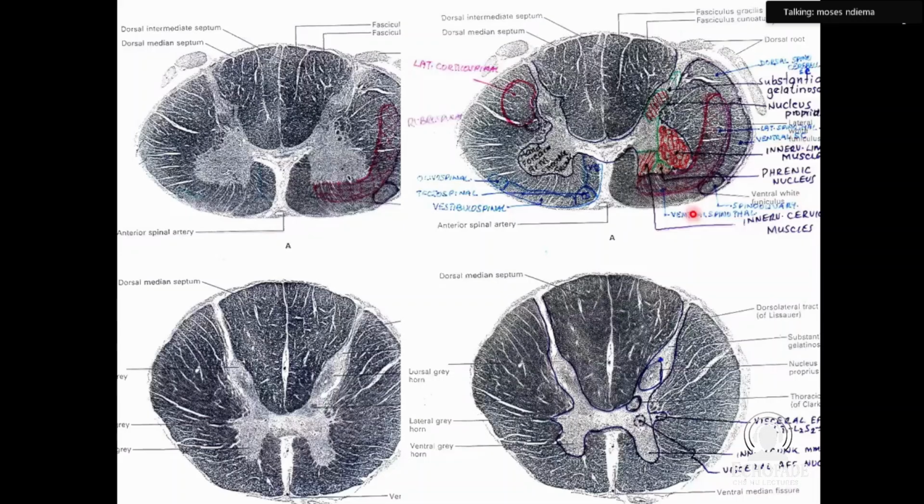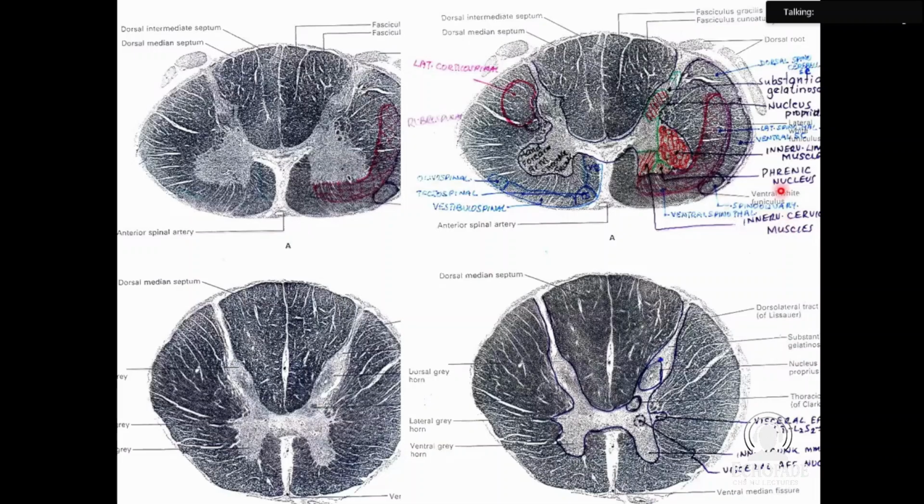Vestibulospinal, tectospinal, reticulospinal. You can see most of these are descending fiber tracts. We have the lateral corticospinal tract and anterior corticospinal tract.